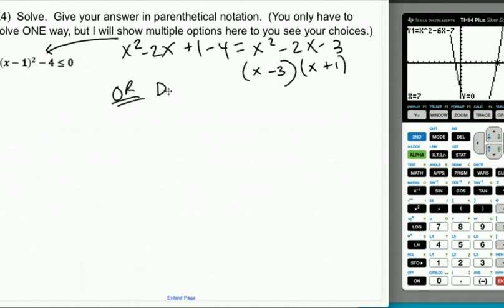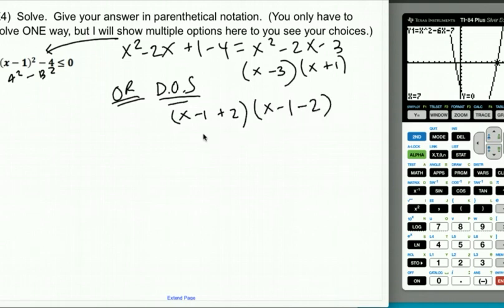You could notice that this is a difference of squares. This is a squared minus b squared. So you could actually factor this as a plus b and a minus b, and sure enough, you're going to get that that's x plus 1 times x minus 3, which is the same factored form. Different order, it doesn't matter.